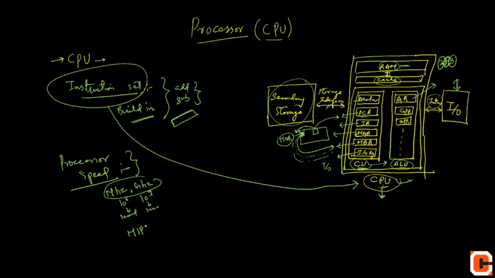MIPS means millions of instructions per second. Or we can say BIPS, billions of instructions per second. Those were for the mainframes and workstations.